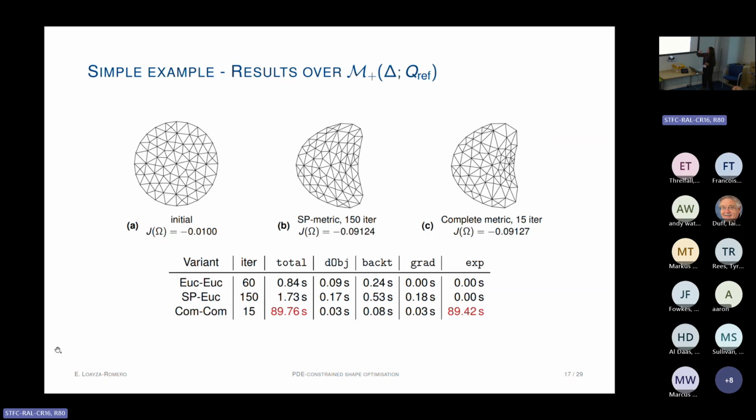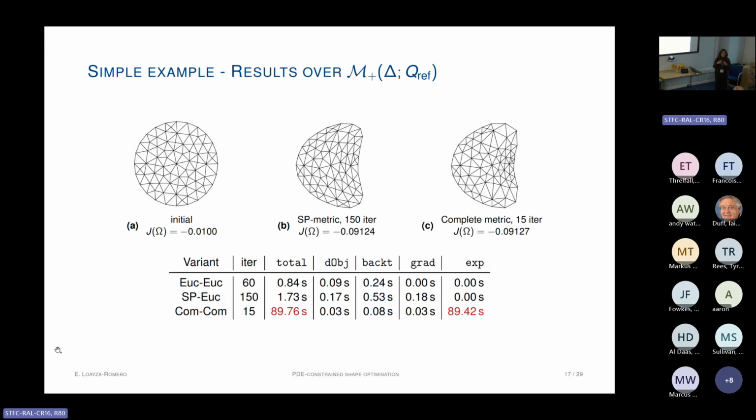On the other hand, for ours, we use this new designed complete metric that allows us to take longer step sizes by following geodesics. We get there in 15 iterations, and we even get a better value of the objective function, which was amazing. What was the problem, as you can see there, is that solving geodesic equations means that we have to solve a highly nonlinear second order system of ODEs, which depends on the number of nodes that we have.